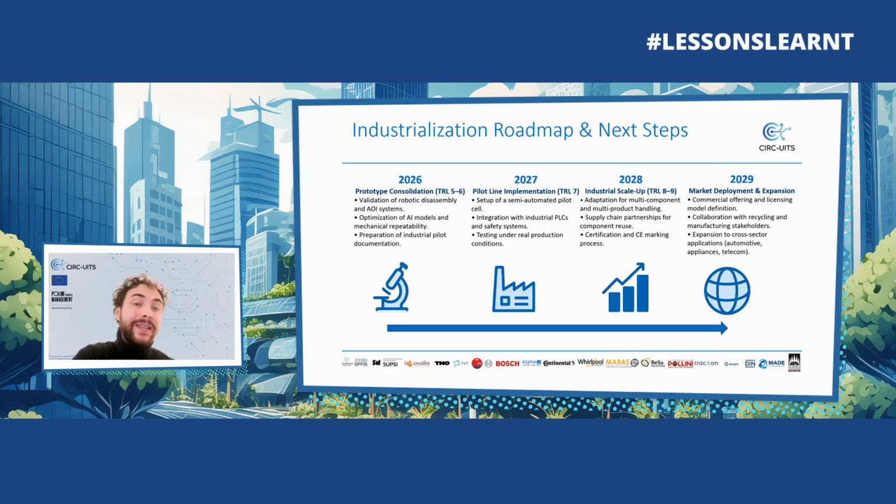In 2028 the idea is to reach TRL 8.9 by trying to extend this practice to multi-component and multi-product handling. And lastly, in 2029, go to market deployment and expansion in order to actually be present on the market. The idea, of course, is to leverage a new European project in order to be able to develop this kind of solution.